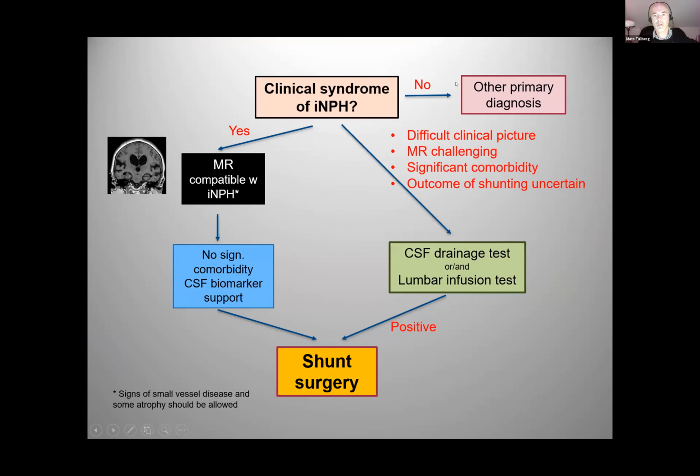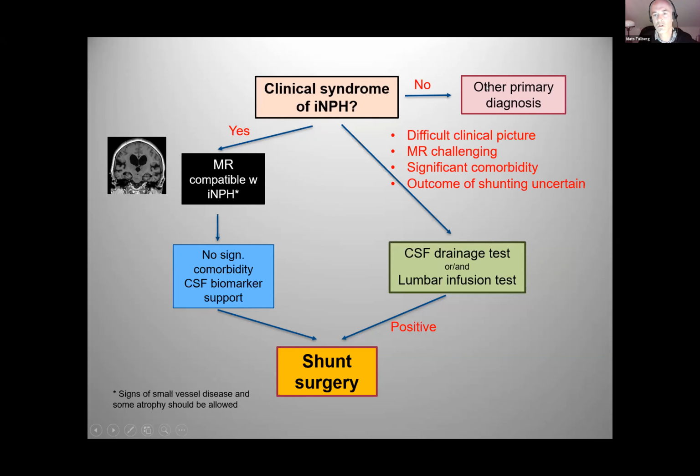So in my view, and this could of course be discussed, this is a flow scheme that could be suggested as a master for the clinical workup. First question: can you identify the clinical syndrome of INPH?